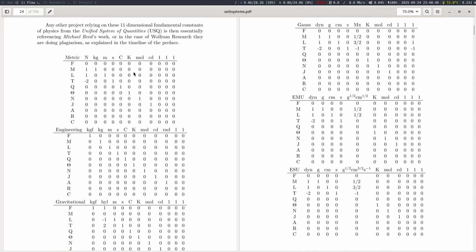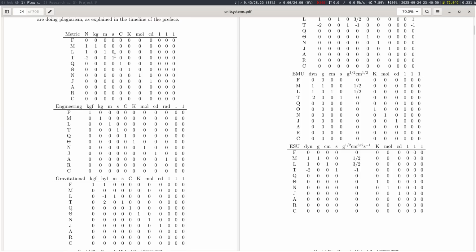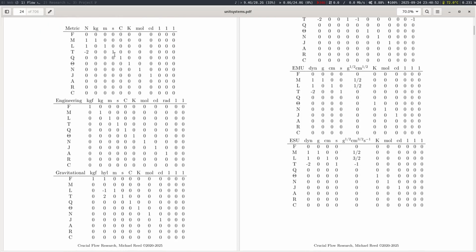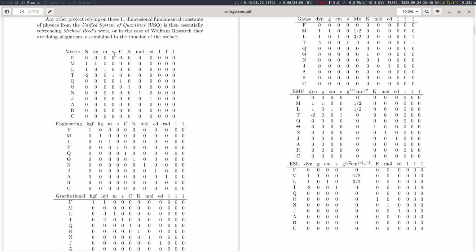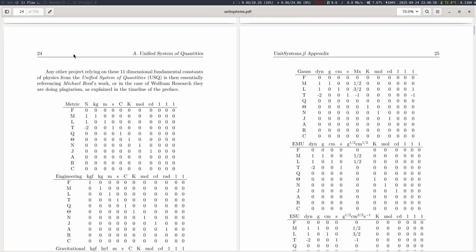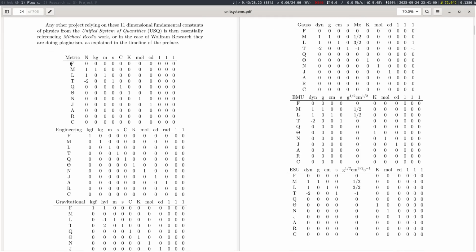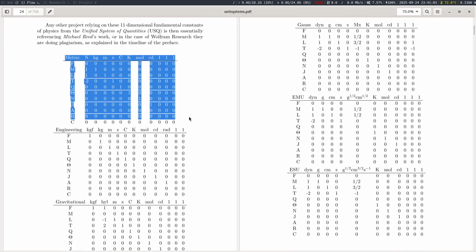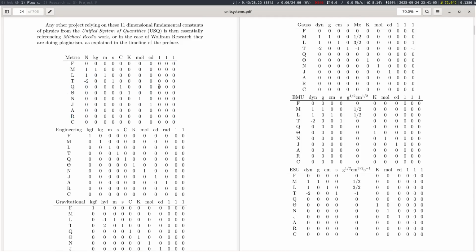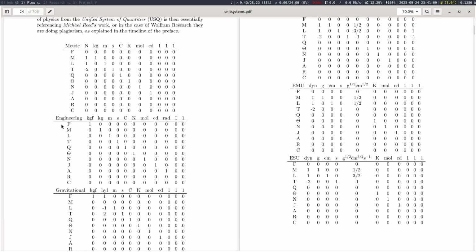So, the formalism that I standardized here. Here's the representation for the metric system, and there's an engineering one which has radians and kilogram force. So this has newtons and kilograms.